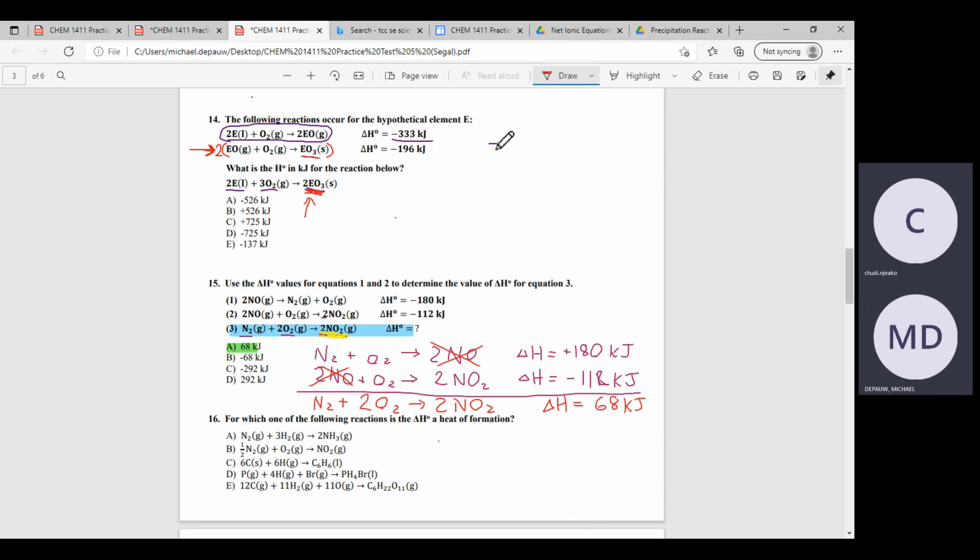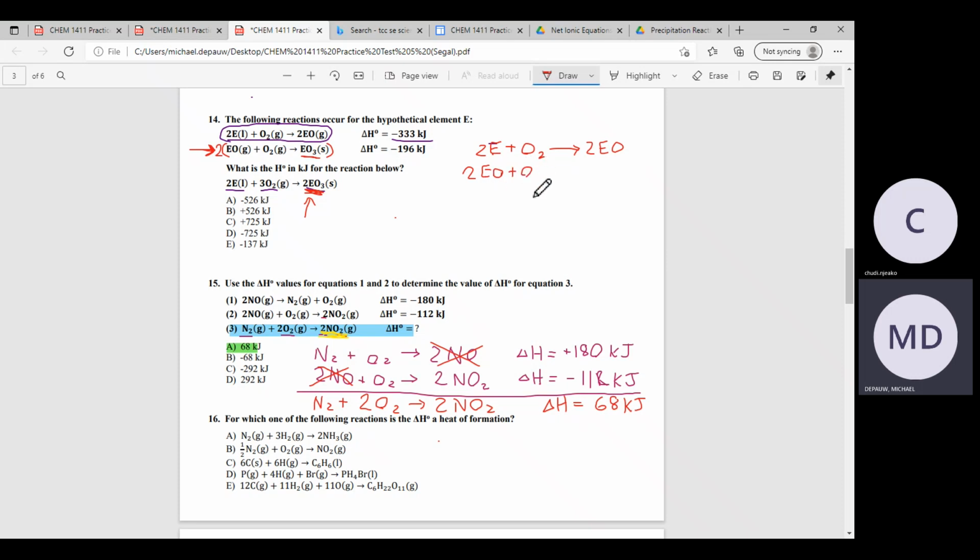So then, if I wrote out those two equations, this is equation 1. 2E plus O2 goes to form 2 EOs.